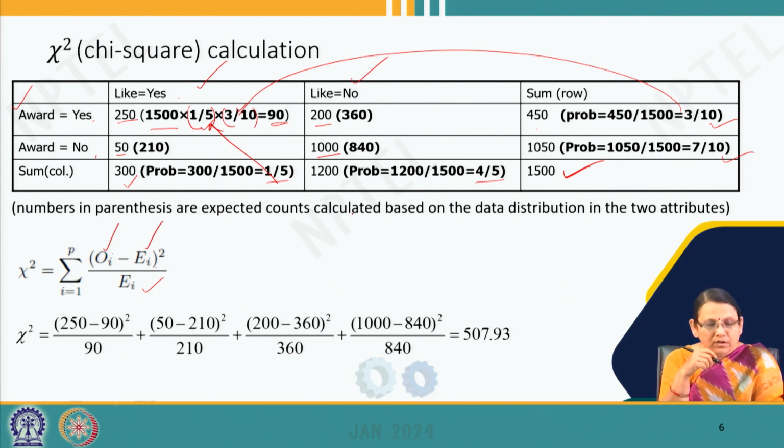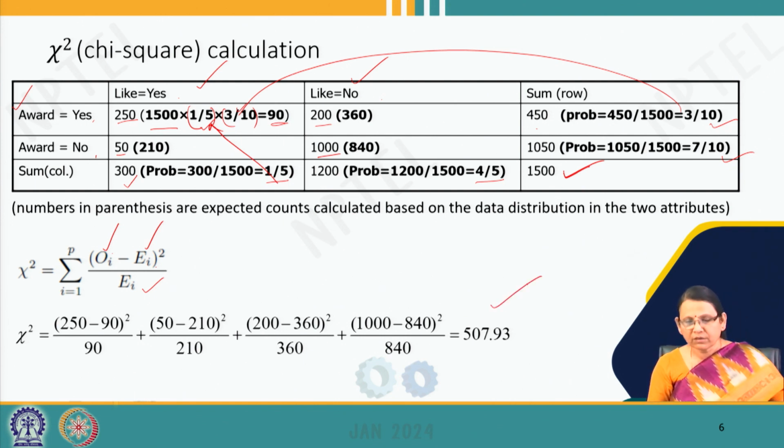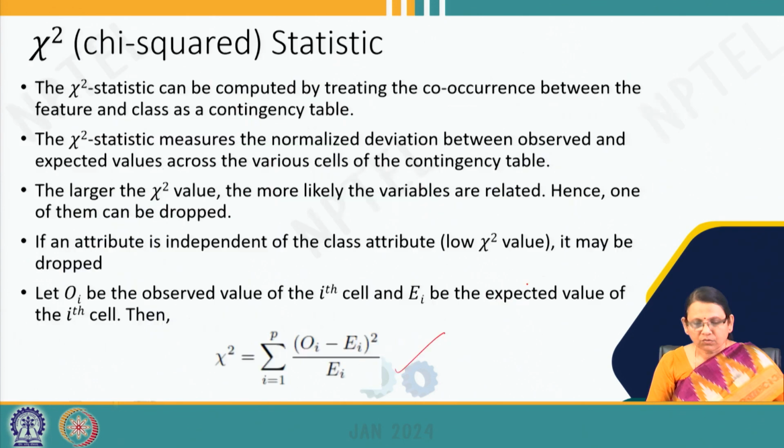We can have more values. For example, in case of director there were 3 directors, in case of language there were 3 options. So, if we are computing between these two, then it will be a 3 cross 3 situation.